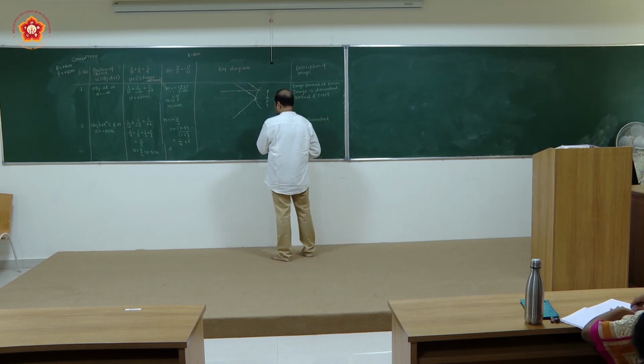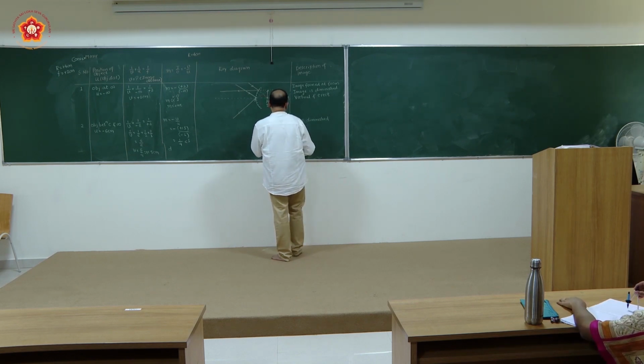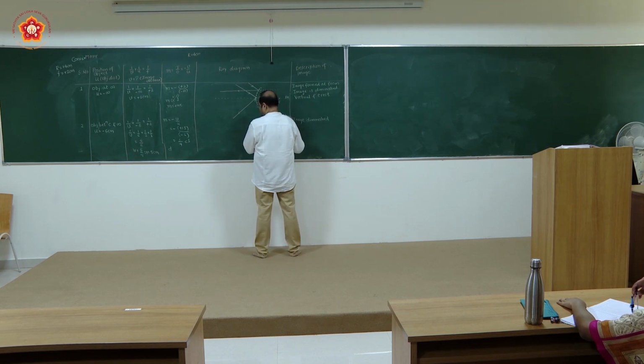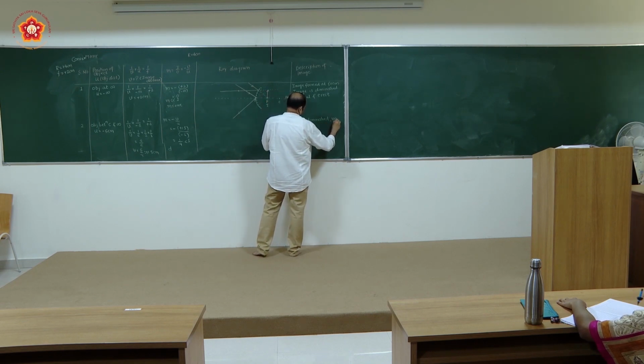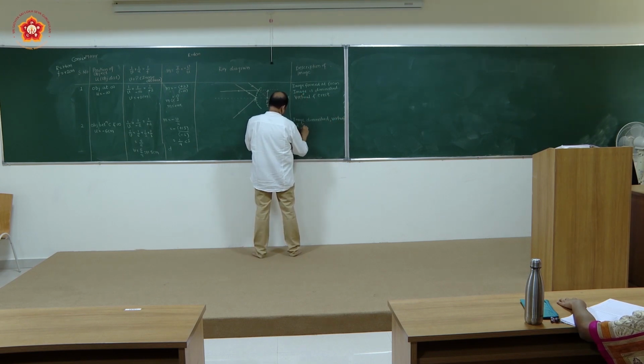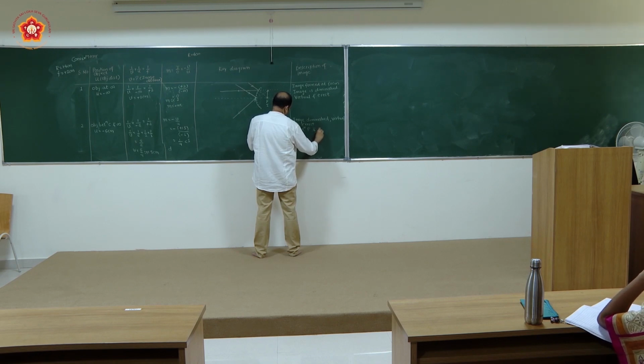Then the image is formed at what distance? 1.5 centimeter, from the pole to the right. So I can write down the image is diminished, and since the value is plus, it is virtual and erect, between pole and focus.